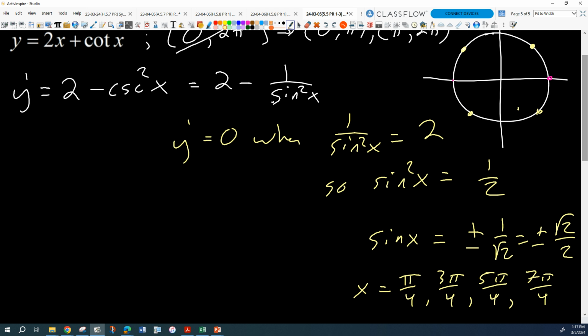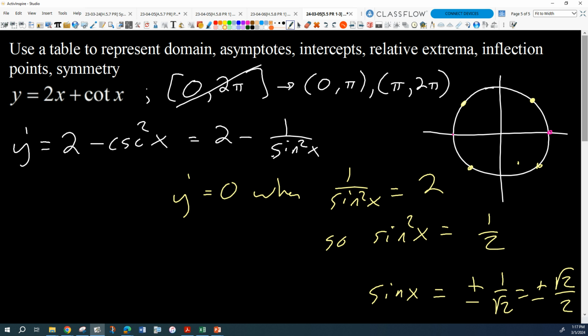Okay, but are those in our domain? No, those are the places we had to exclude from our domain, right? So another way of saying this would have just been saying x cannot equal 0, pi, or 2 pi. Those are our excluded values, right?